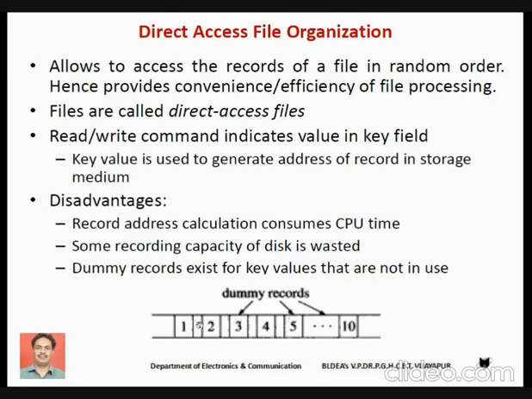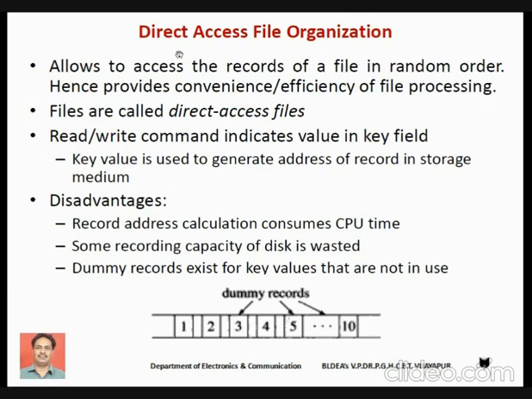First record 1 to 10, second record 11 to 20, third record can be accessed from location 21 to 30 bytes. Like that, by using the key field, we find out the location of that record in direct access file organization. This is the concept we use.